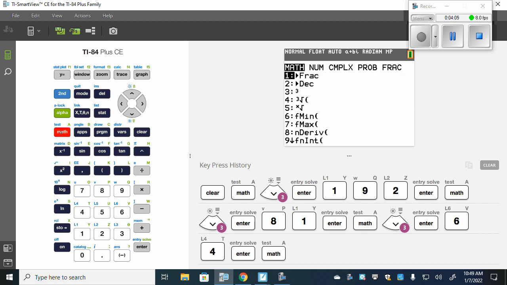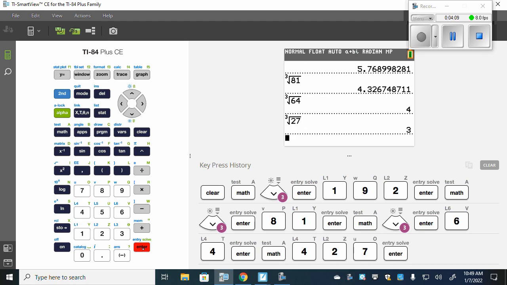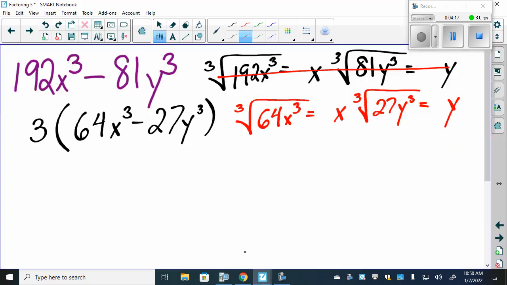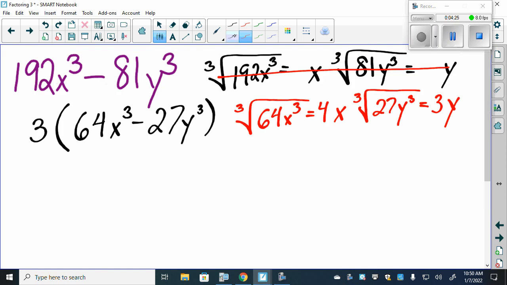Go math, pull up the cubed root of 27, and it is 3. So we can actually take the cubed root of both of these here. We have 4x and 3y. So this one here is a difference of perfect cubes. We just had to take out a greatest common factor of 3 first.